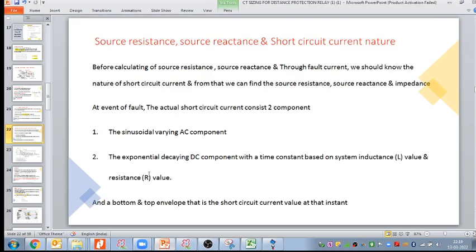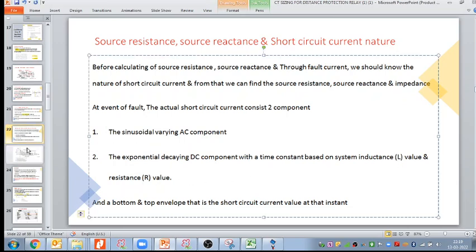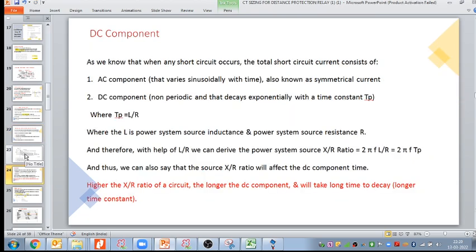Anyway, this DC component will come. Based on this DC component, we will find out the XL and R values, so we are basically doing the reverse. When any short circuit occurs, the total short circuit current consists of the AC component that varies sinusoidally with time, also known as the symmetrical current, and the DC component that is non-periodic and decays exponentially with the time constant Tp.